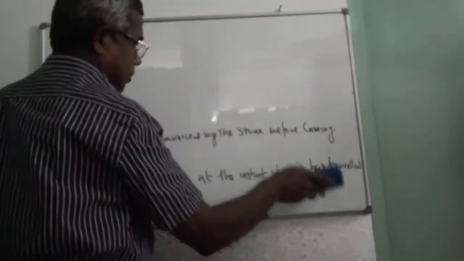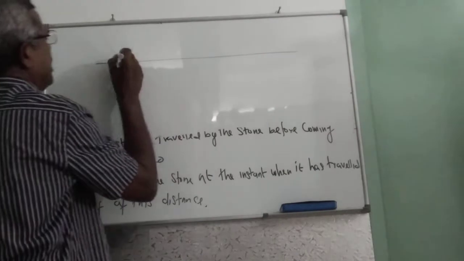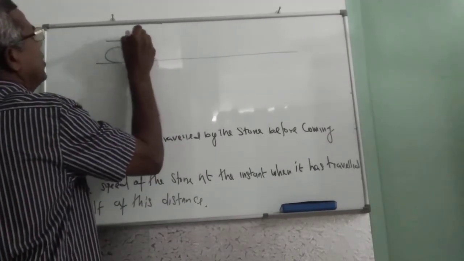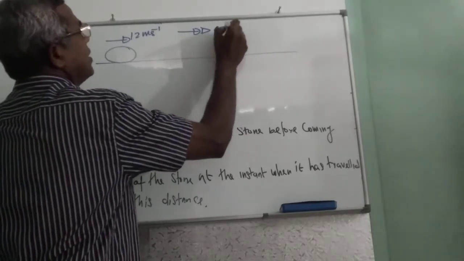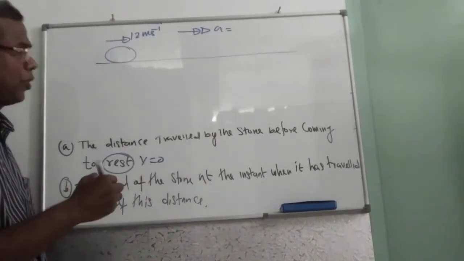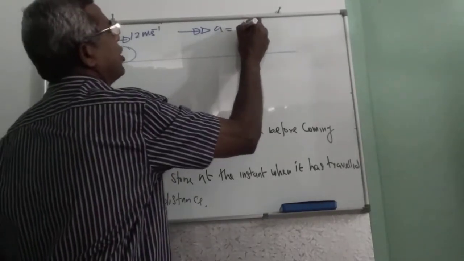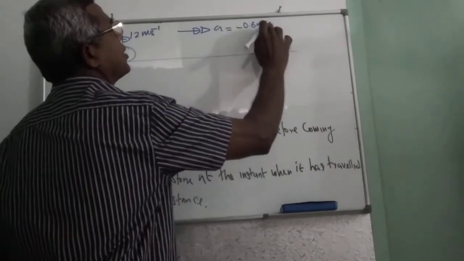Let's change it into a diagram, it will be easier. The initial speed is 12. The acceleration is given as 0.8, and since it's decreasing, we write minus 0.8 m s^-2.